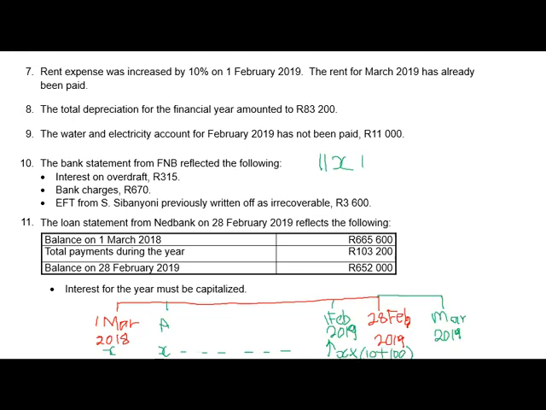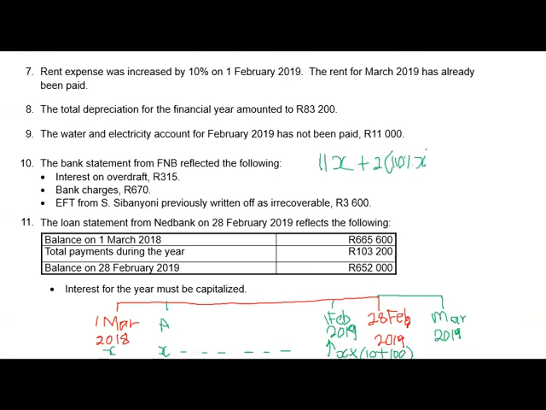But for February and March, which is 2 months, it was no longer X, but 110% X.